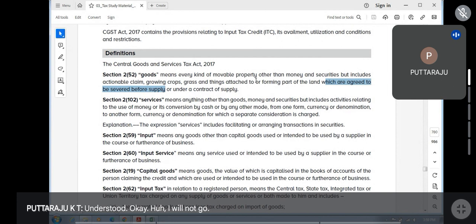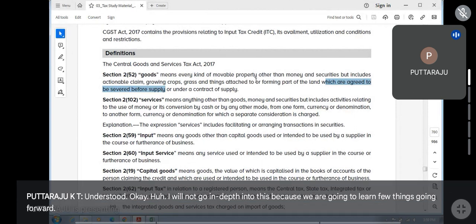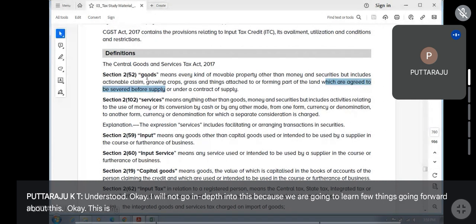I will not go in depth into this because we are going to learn a few things about this going forward. Okay. This is about goods. Goods covers everything except money and securities. Money is also goods, no?